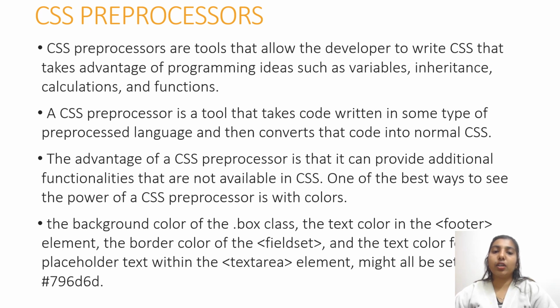The background color of the dot box class, the text color in the footer element, the border color of the fieldset element, and the text color for the placeholder text within the textarea element might all be set to the code #796D60.